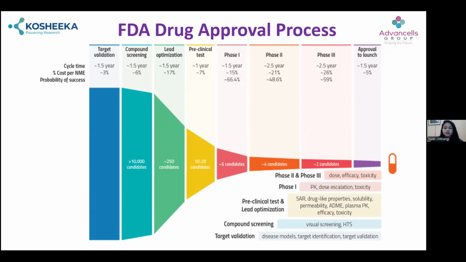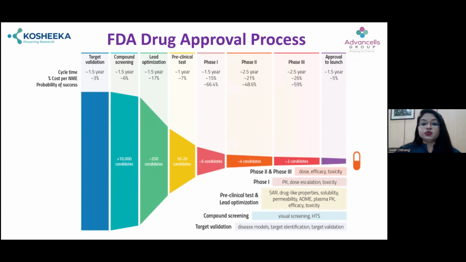You can see how much time it takes. Approximately, for one drug to come to market, it takes 10 to 12 years of hard work and money. So it's a very expensive process.